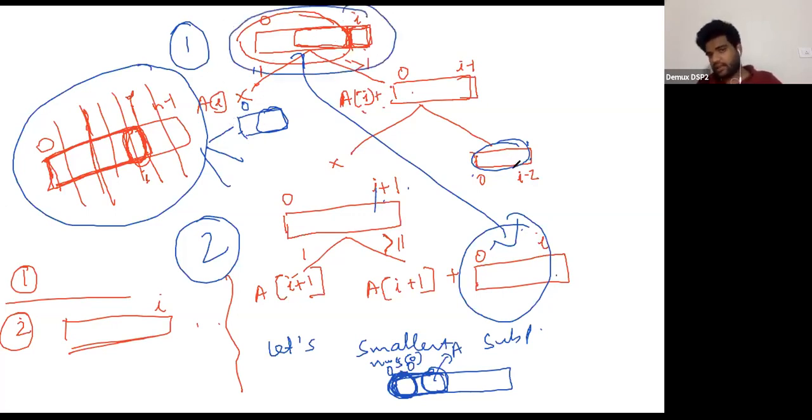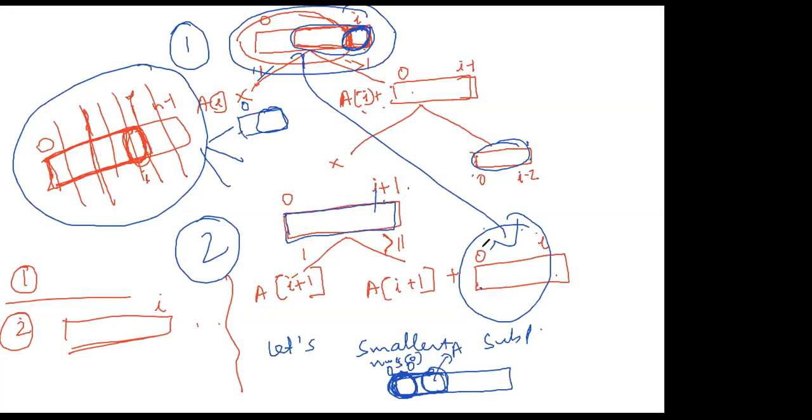This is how the tree will look for i. We made a decision here: either just have a subarray of length 1, or have a subarray of length more than 1. Based on this decision, we solved it for i. Now when we are solving it for i plus 1, I again realize that I am solving it for i. So that is overlapping subproblems, right? Okay.